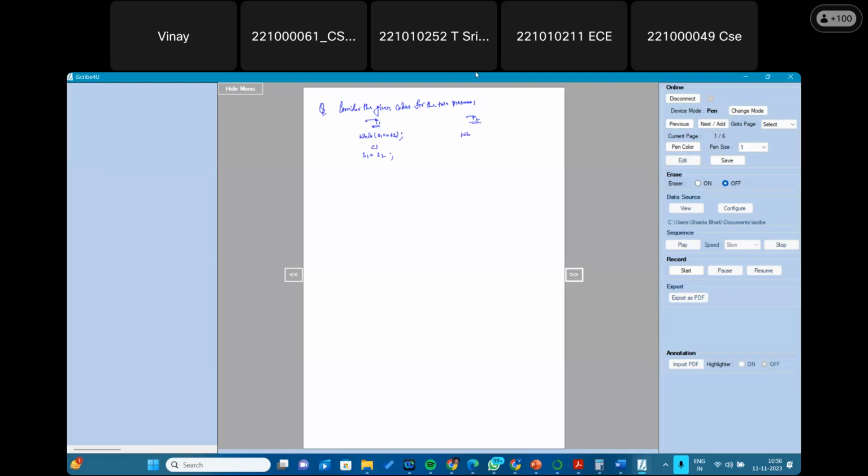And P2: while S1 not equals S2, critical section, S2 equals not S1.